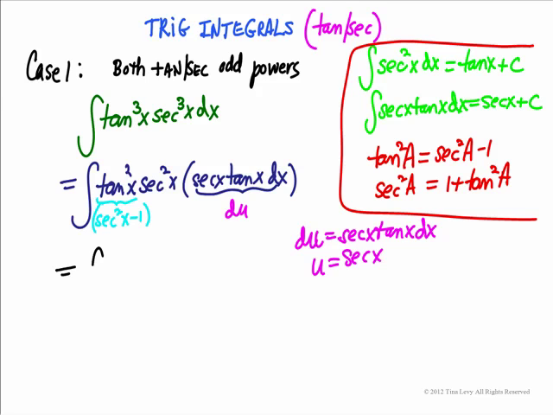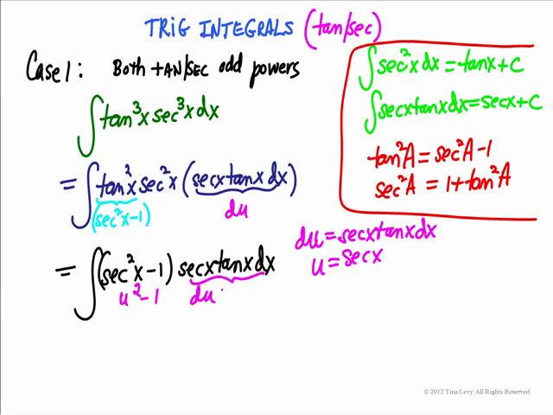This can now be written, having replaced tangent squared with secant squared minus 1, as secant squared x minus 1, and we have our secant x tangent x dx. And we're now ready to replace everything with the u and the du. U being secant, this becomes u squared minus 1, and this is du.